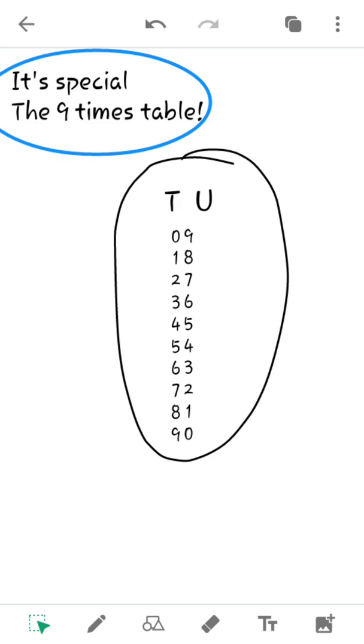Yes. 9 ones are 9, 9 twos are 18, 9 threes are 27, 9 fours are 36, 9 fives are 45, 9 sixes are 54, 9 sevens are 63, 9 eights are 72, 9 nines are 81 and 9 tens are 90. Yes or no? So 9 times table is ready.